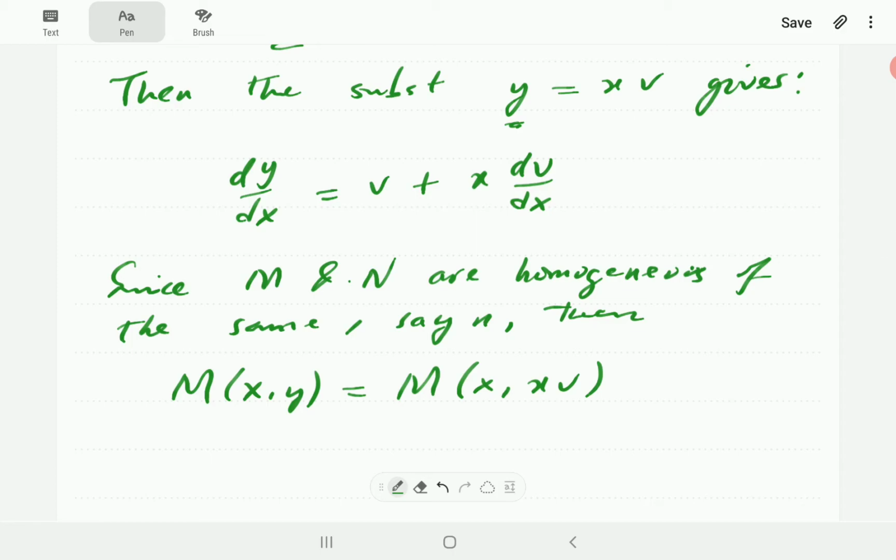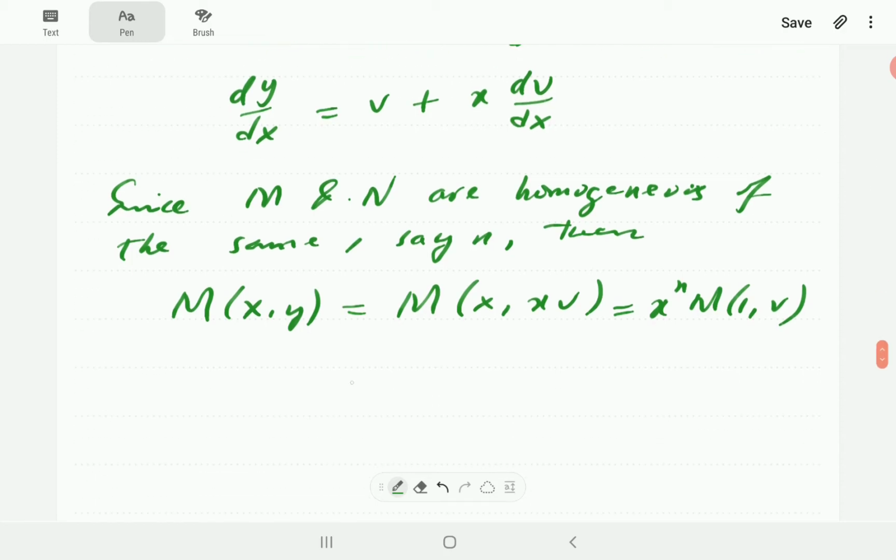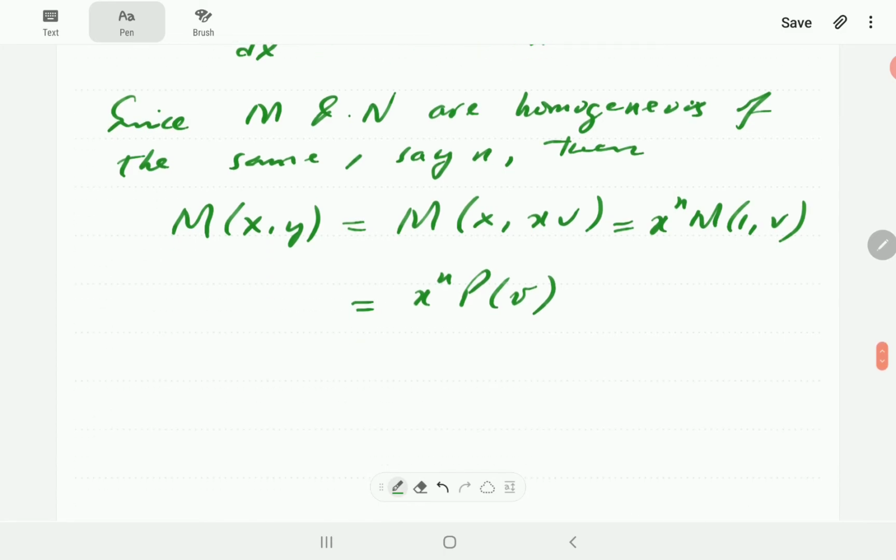Now x here is going to play the role of lambda, so that's going to be x to the power n times M of (1, v), because M of (1, v) is just a function of v, so let's call it p. So that's simply x to the power n times p of v.